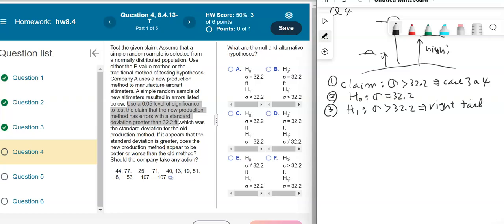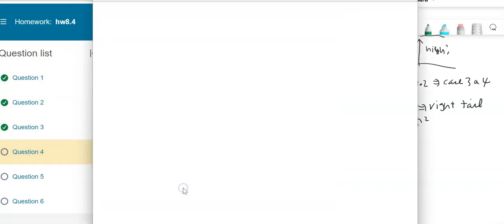Okay. Now, test statistic is n minus 1 times s squared divided by sigma squared. How many altimeters? Oh, we don't have that. We have data here. So now we need to find the standard deviation of this.